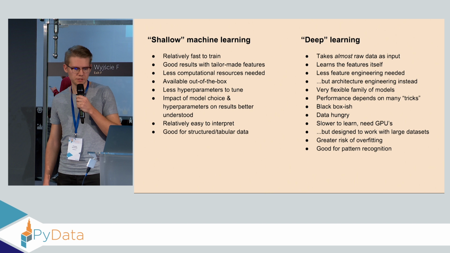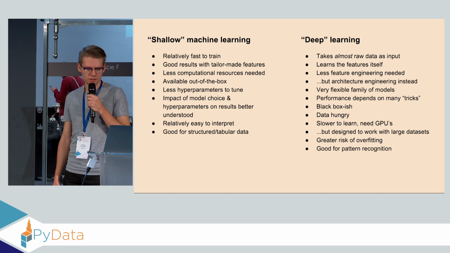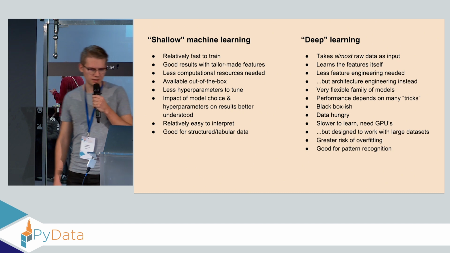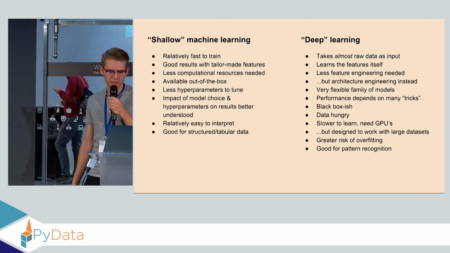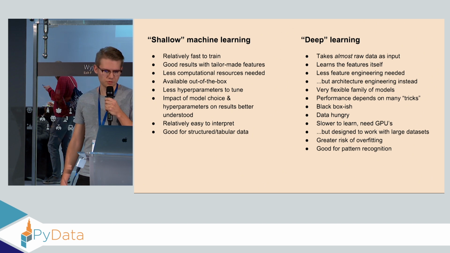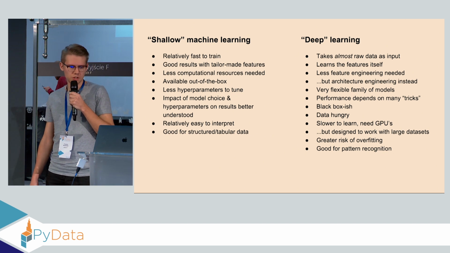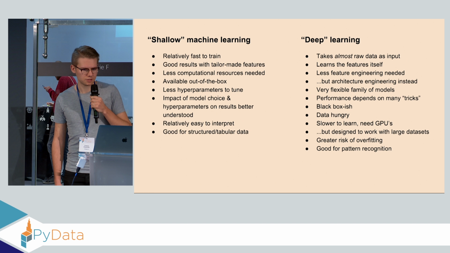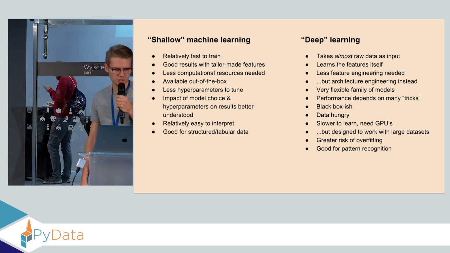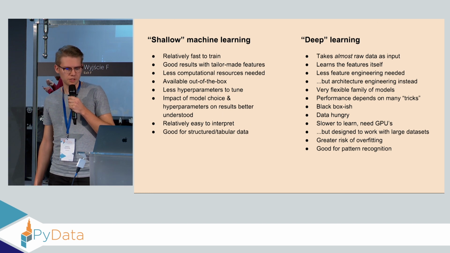The results can be good in cases when we have this intuition of what the tailor-made features could be, and when we apply this kind of domain knowledge. So our first use case proved that this can be done, achieving high accuracy. Of course, less computation, out of the box, less hyperparameters, or almost none in case of this kind of trees ensembling.